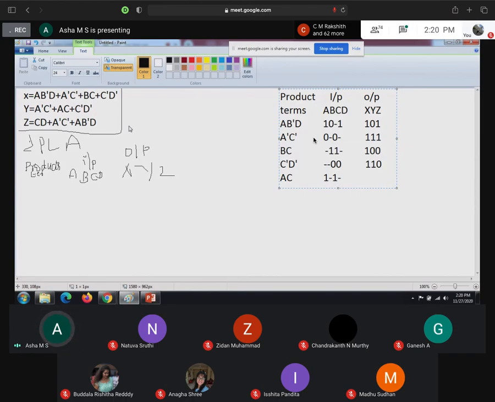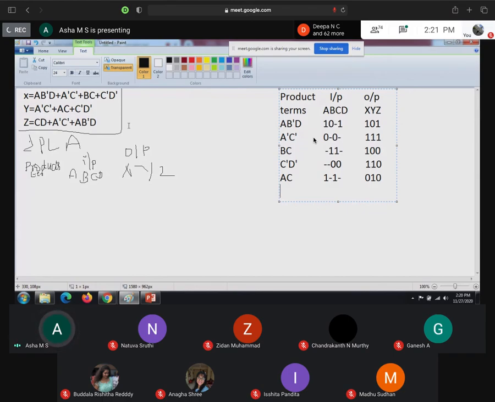AC is present in Y. Is it existing in X? No, so 0. Is it existing in Y? Yes, so it's 1. What about Z? It doesn't exist, so it is 0. What about the next product, C bar D bar? Yes, it is completed.